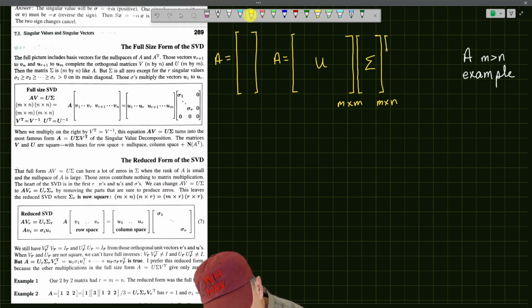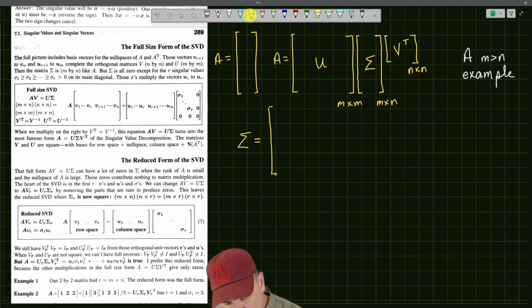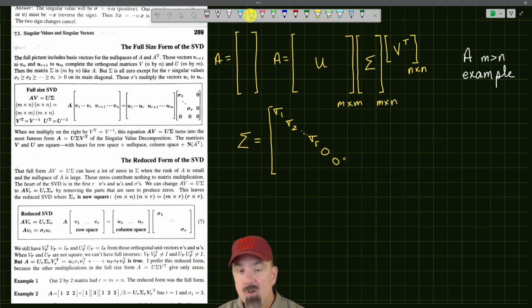And then we would have the V transpose matrix. And V is n by n. Now we want to think about what's going on here. The sigma matrix, remember, we always have sigma 1, sigma 2, however many of these we have for the rank of the matrix, and then possibly some 0 values after that.